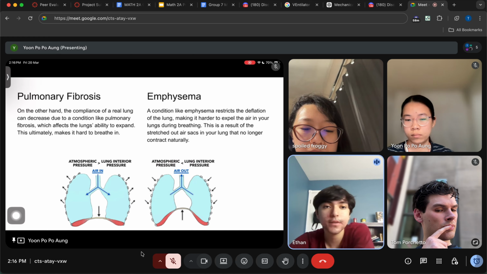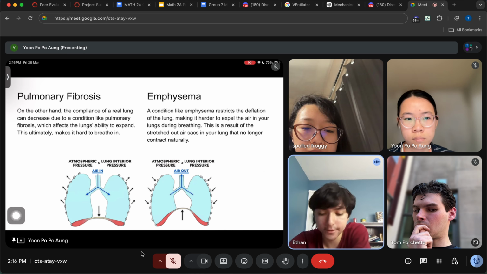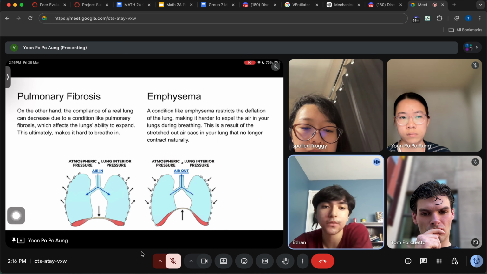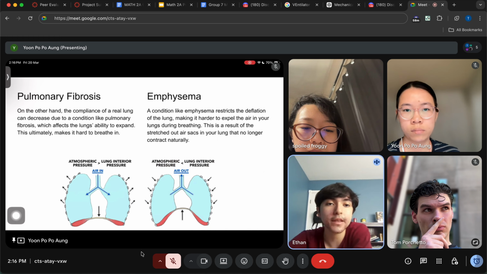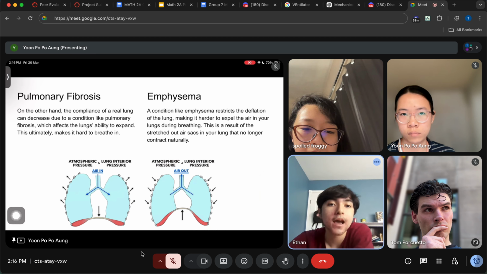So, for example, someone with pulmonary fibrosis has their lung compliance decreased, meaning that it's harder to inflate their lungs with air and it's harder to take in the oxygen that they need.